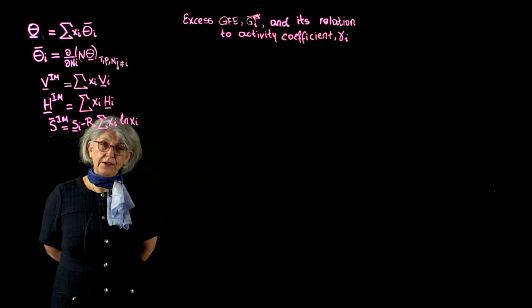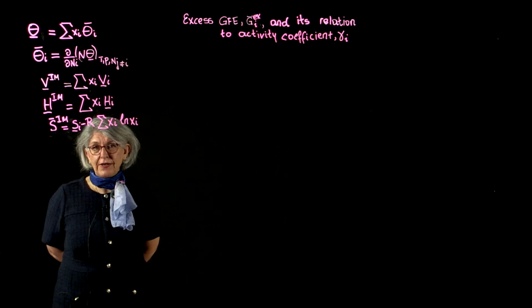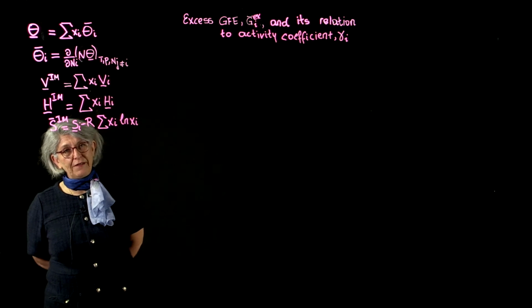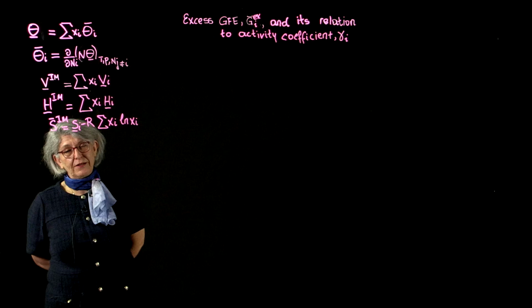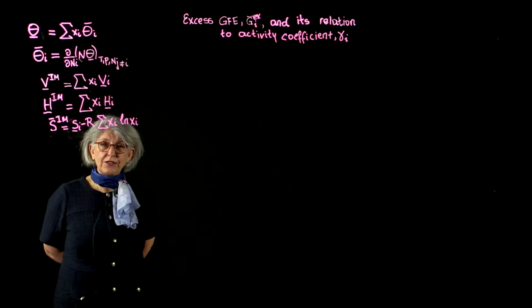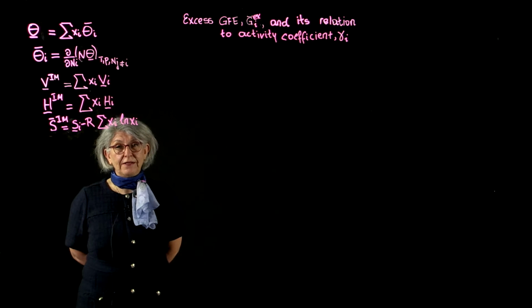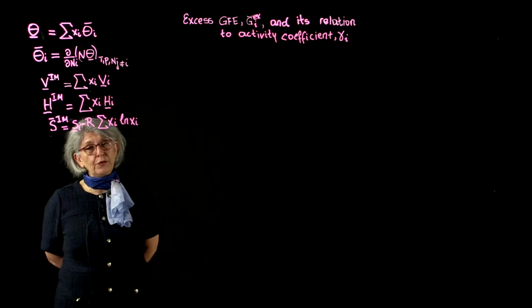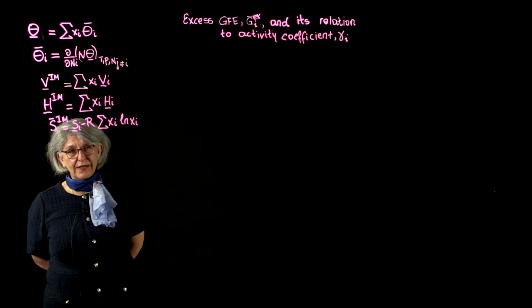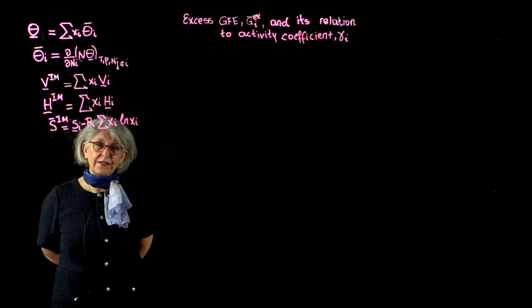If the volumes are additive, we can use the pure fluid behavior to estimate the total fluid volume. If the energies, enthalpies, are additive, we can use pure fluid enthalpies to estimate the mixture enthalpy. However, this is not always the case.